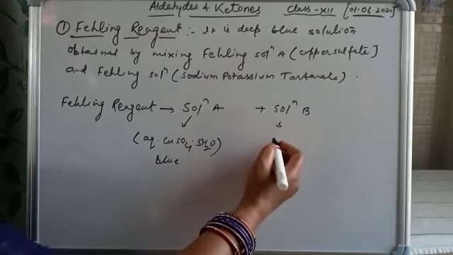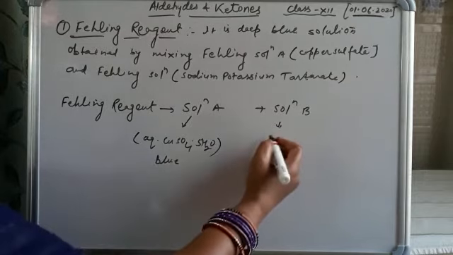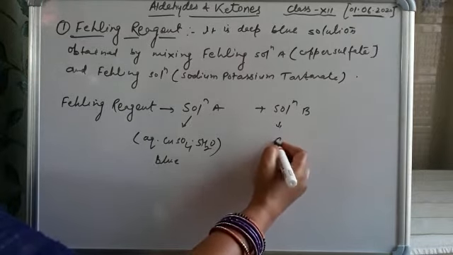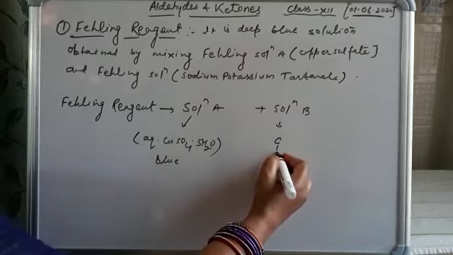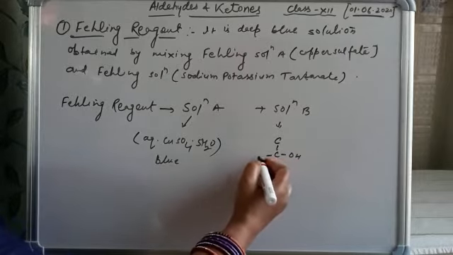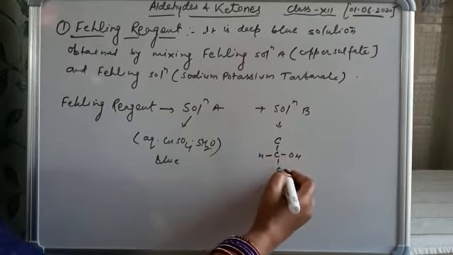Solution B contains sodium potassium tartrate, and the formula of sodium potassium tartrate comes from tartaric acid.